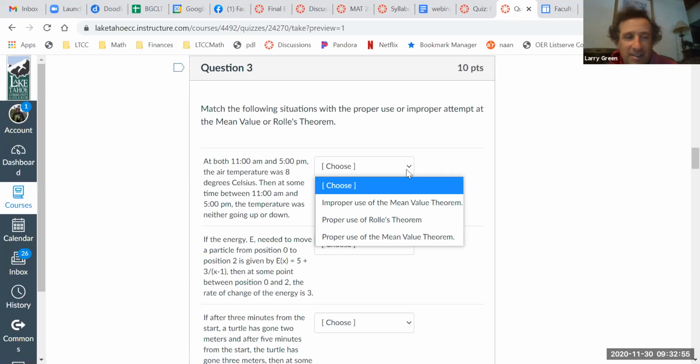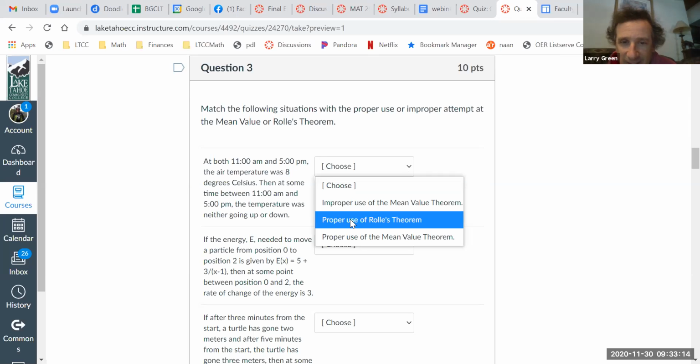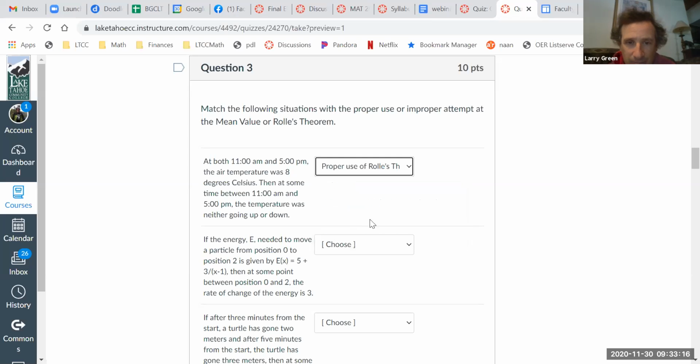It's temperature. Temperature can't suddenly go from slow up to sudden up. That just doesn't happen with temperature. That's just basic thinking. If you get really advanced, everything's different, but I'm not going there. But it doesn't happen for us in temperature. So this is the proper use of Rolle's theorem.